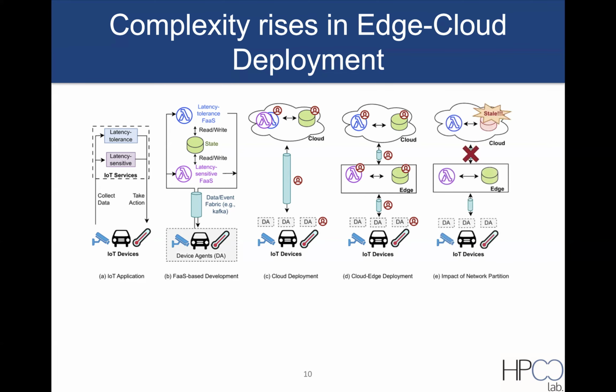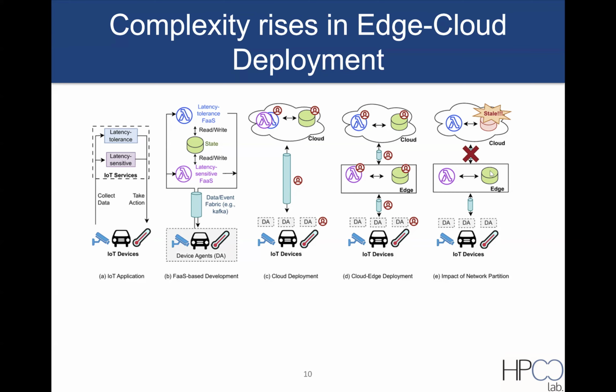When we deploy on the edge, it gets really complicated. You can see we need a lot of personnel to take care of each element. And state management is not straightforward anymore because you have two versions of the state and you need to keep them in sync and consistent.